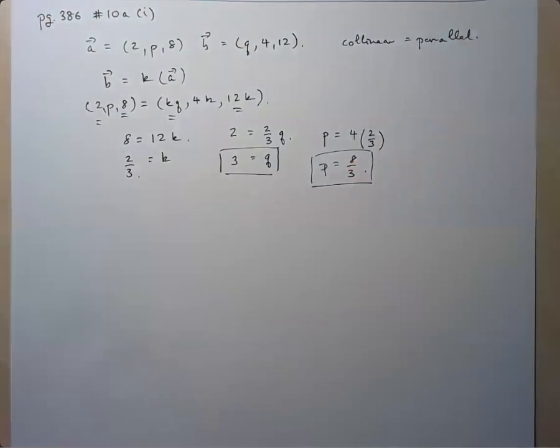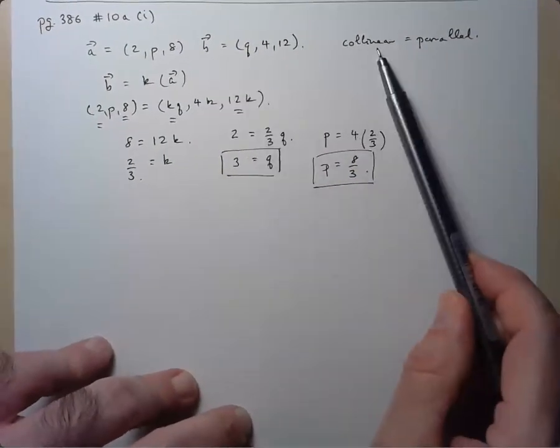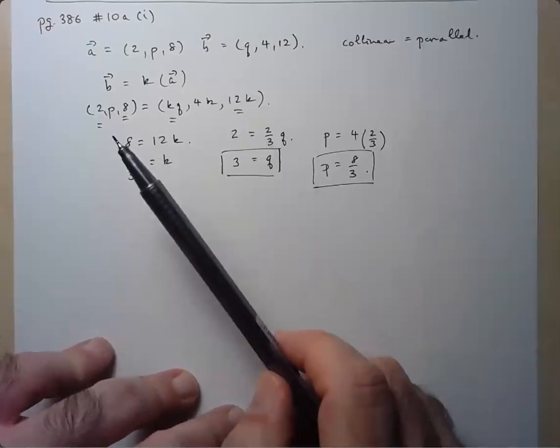Okay. I suspect in part 2, when you're looking for perpendicular ones, you might get a scenario where there's more than one possible answer. So here, the idea was to recognize that being collinear was the same as being parallel.